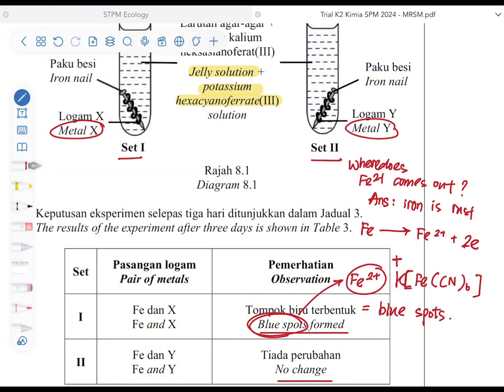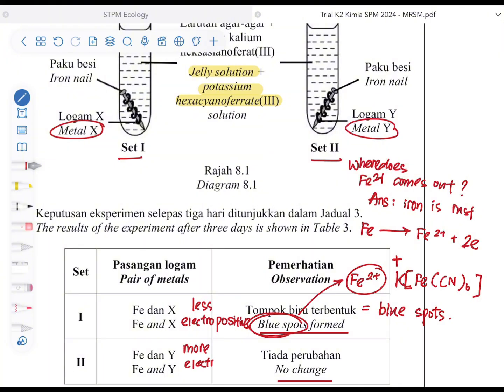The electrons that cause the iron to rust come from a metal that is less electropositive than iron, sorry, and the other side will be more electropositive.